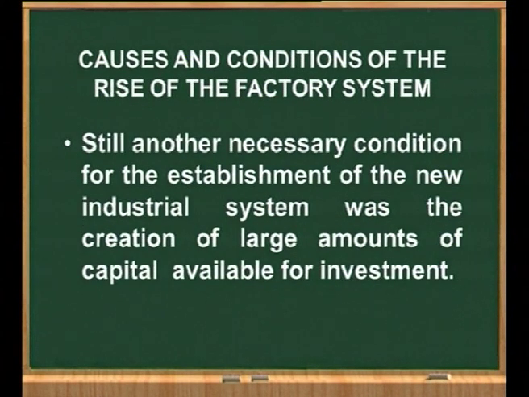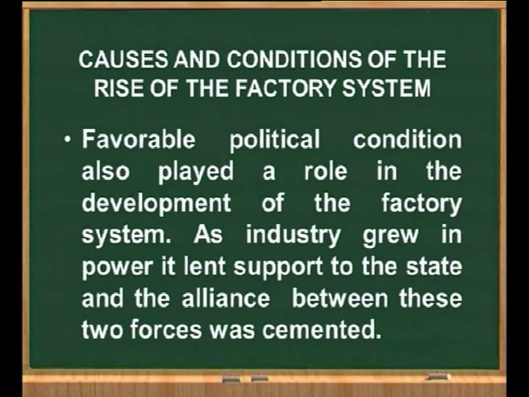Still another necessary condition for the establishment of the new industrial system was the creation of large amounts of capital available for investment. Favorable political conditions also played a role in the development of the factory system. As industry grew in power, it lent support to the state and the alliance between these two forces was cemented.